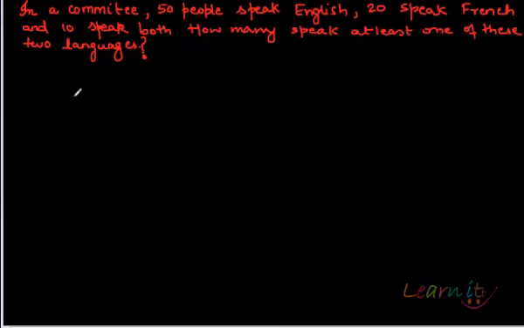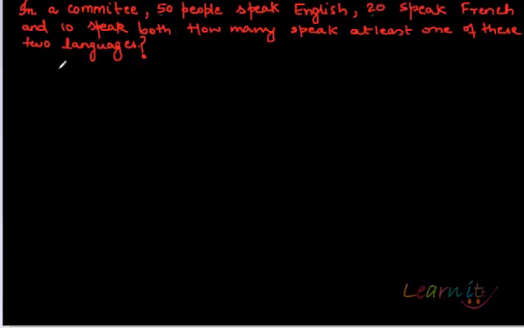Okay, in the question we're given that there is a committee. 50 people out of that committee speak English and 20 speak French, and 10 can speak both the languages. Now we need to find out how many people speak at least one of these languages. So what is given to us?